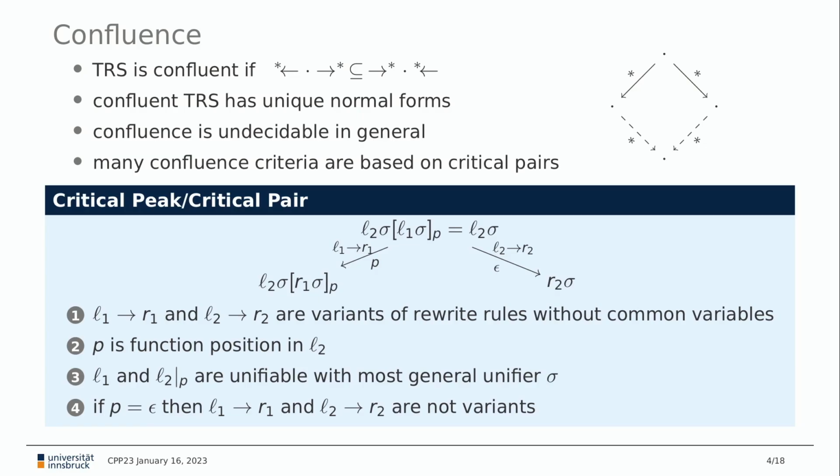In general, this is then a peak, and then there are additional conditions, the ones here, which make it a critical peak. For confluence, we are always interested in these critical peaks. I think it doesn't serve to go through all of these criteria, but just for the terminology, this thing is the critical peak, and then the two different terms here at the bottom, these are the critical pair.